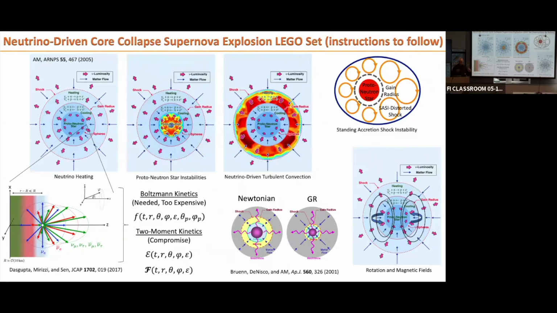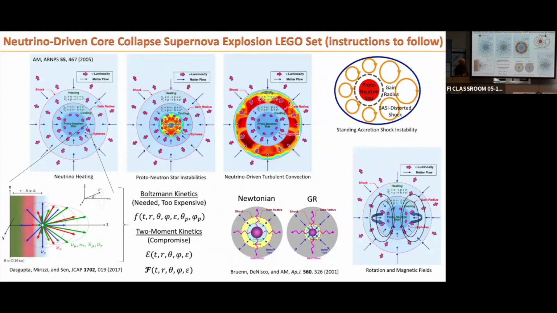The more pressure you have there, the more you sustain the shock from collapsing, the more you sustain the heating region, and therefore the ability to re-energize the shock to generate an explosion. Okay, so now I'm going to come to rotation. Obviously we know we have rotation in these stars. We expect most massive stars to rotate slowly, but nonetheless that rotation should be included, and in some cases we may have rapid rotation.